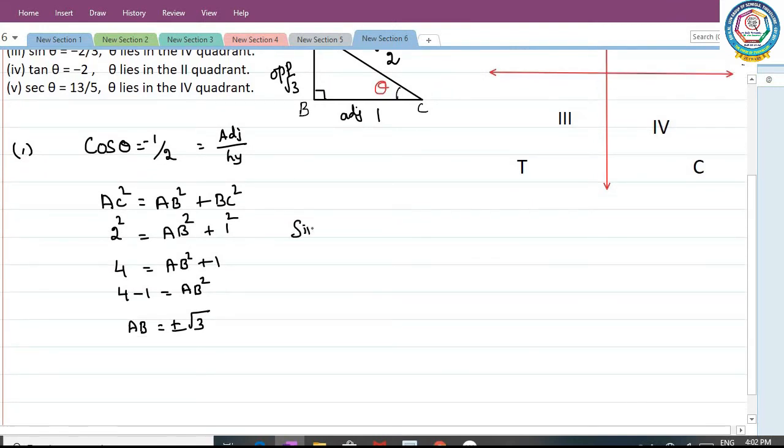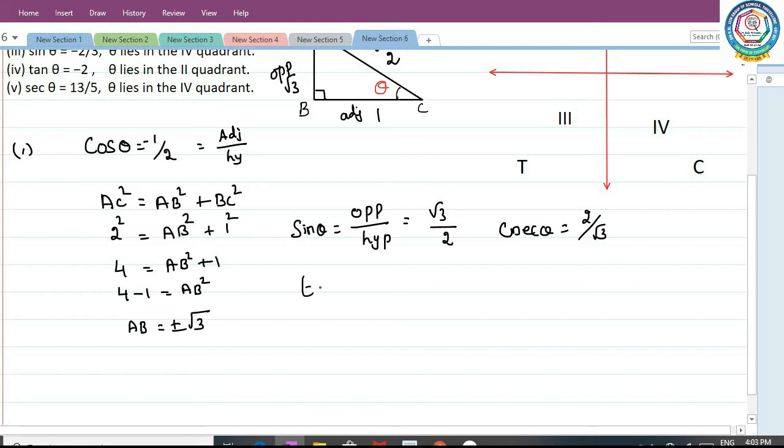Next, we have to find out 5 trigonometry ratios. First one I am going to take sin theta. What is the sin theta formula? Opposite side by hypotenuse. So what is the opposite side here? Root 3, hypotenuse 2. What is the reciprocal of sin? Cosecant theta. Cosecant theta is equal to the reciprocal of this one, 2 by square root of 3.